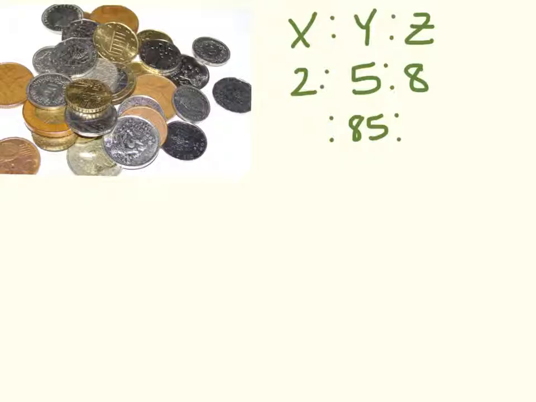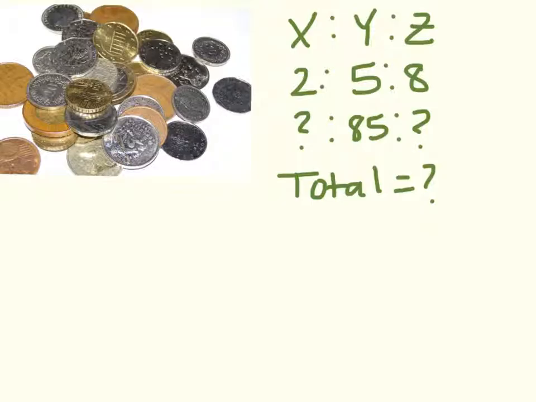So how many coins did Zachary collect? And how many coins did Xavier collect? And how many coins did the boys collect total? Once again, I'll get you started by drawing the bar model with you, and then I'm going to leave you to do the calculations on your own.